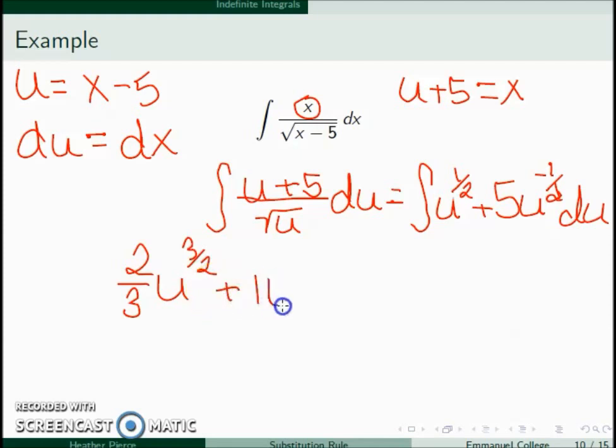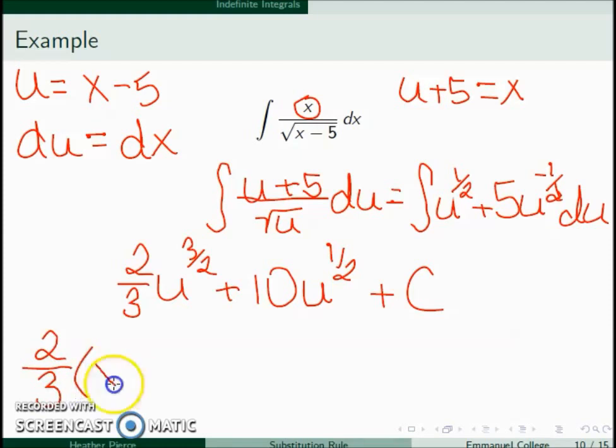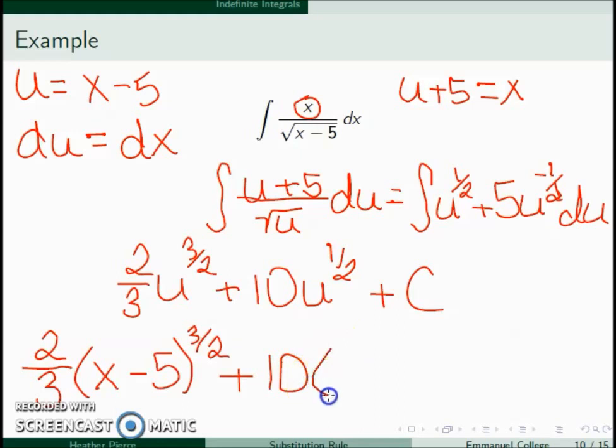So I get plus 10 u to the 1/2, plus c. We can then substitute back in. So I have 2/3 times, u is actually x minus 5, to the 3/2, plus 10 times x minus 5 to the 1/2, plus c.